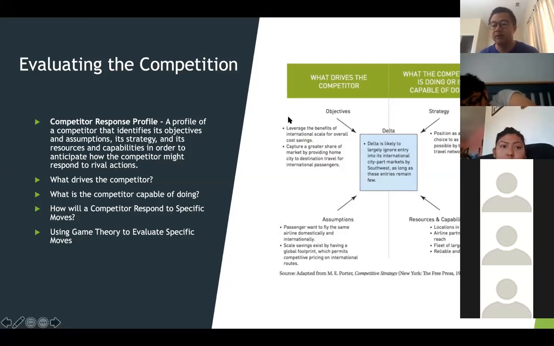So if Southwest just has a few flights to compete with Delta, Delta will not worry about it. Make sense?